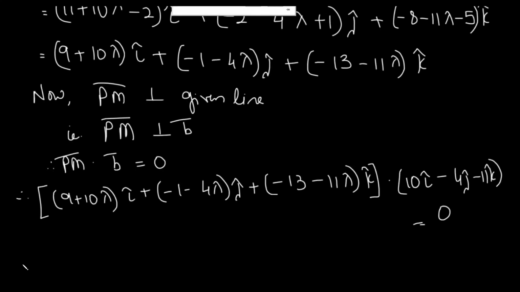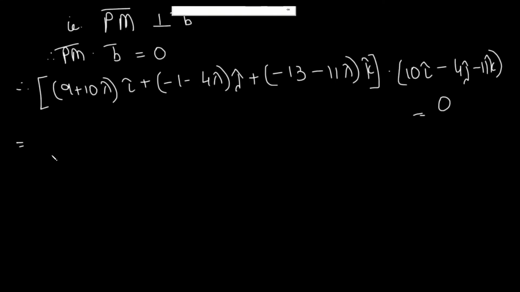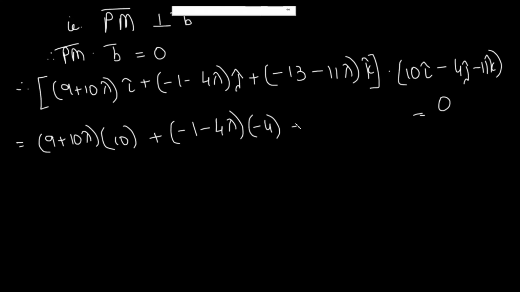The dot product is 0, and so solving it further, we are going to get over here (9 plus 10 lambda) into 10, plus (minus 1 minus 4 lambda) into minus 4, plus (minus 13 minus 11 lambda) into the last value, that is minus 11, which is 0.